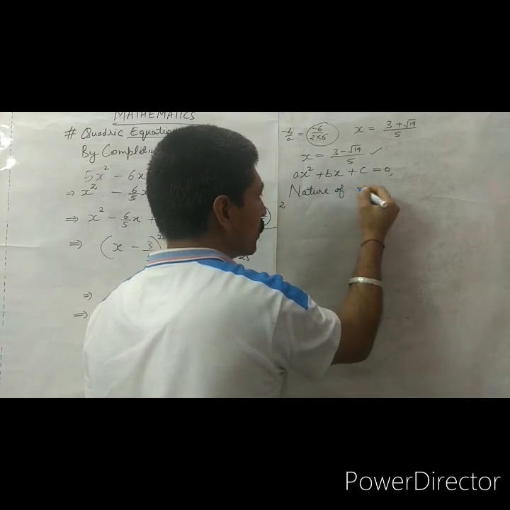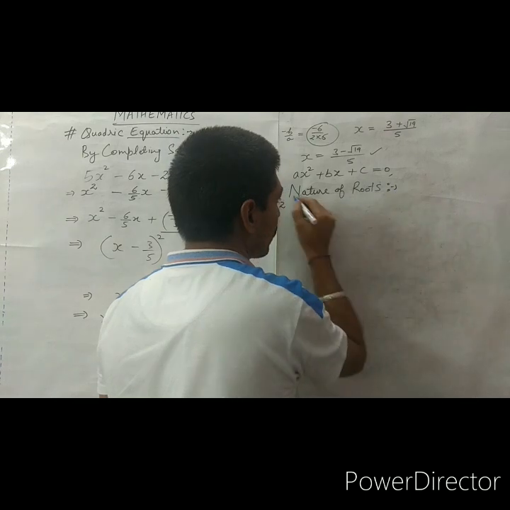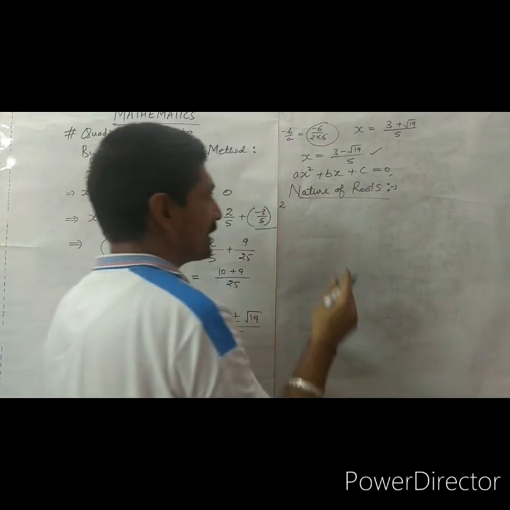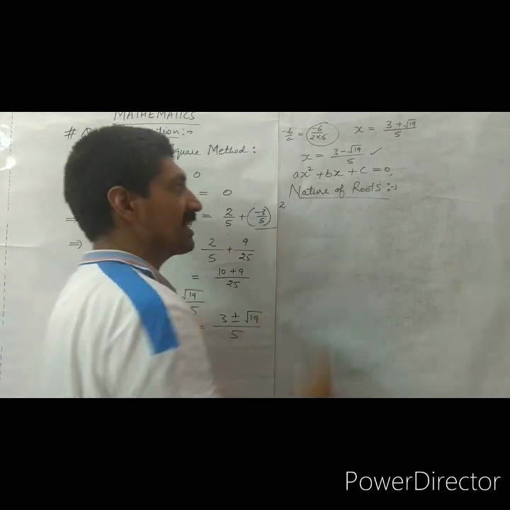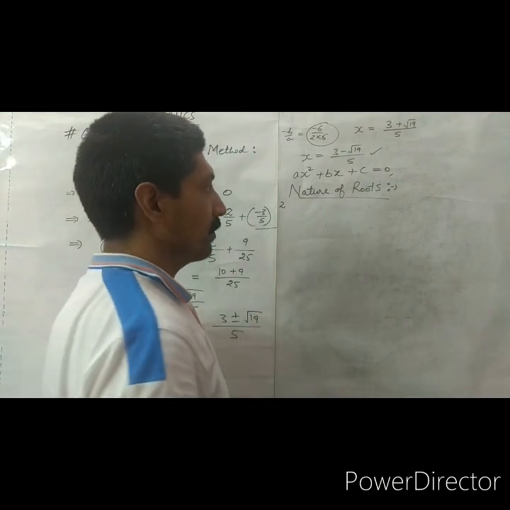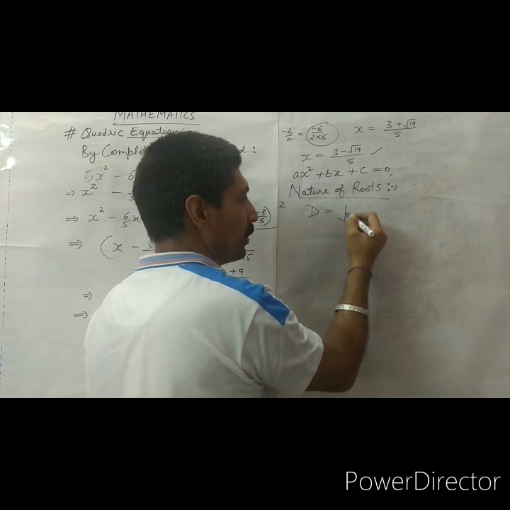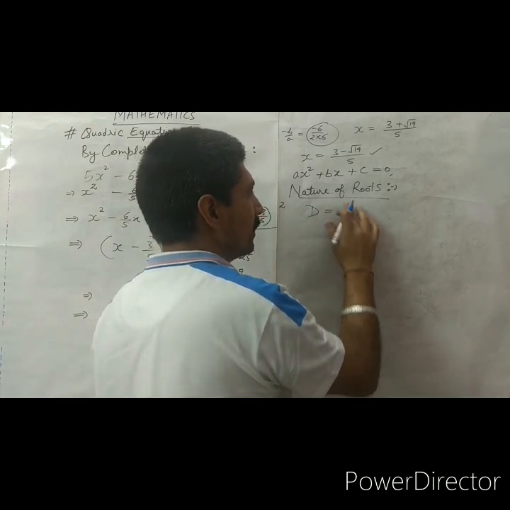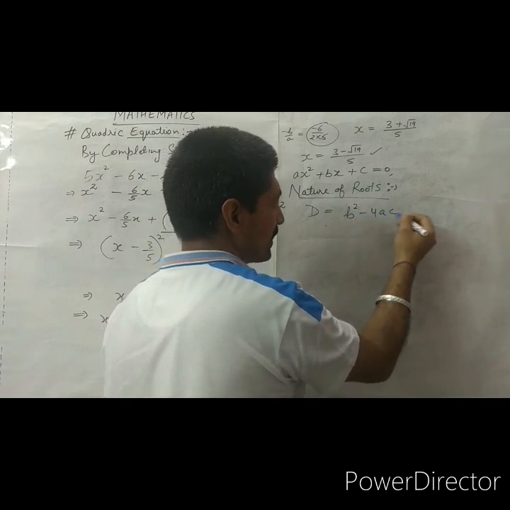The nature of roots depends on the discriminant, D, and its value is b square minus 4ac.